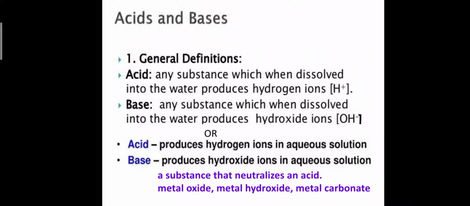Or, an acid produces hydrogen ions in aqueous solution. A base produces hydroxide ions in aqueous solution. A base is a substance that neutralizes an acid: metal oxide, metal hydroxide, metal carbonate.